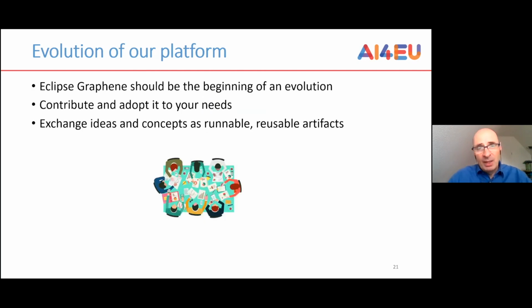What would really be a good plan is to see Eclipse Graphene as the beginning of an evolution. So we would like to invite you to work together with us on making this project a really good platform for AI development. So contribute and adapt it to your needs. It's the Eclipse, it's Apache license, so you could even do private branches if you have commercial ideas.